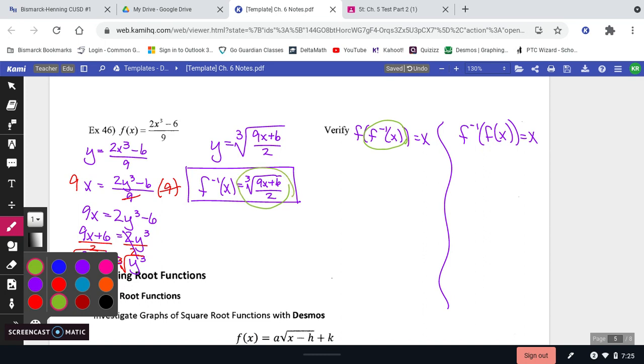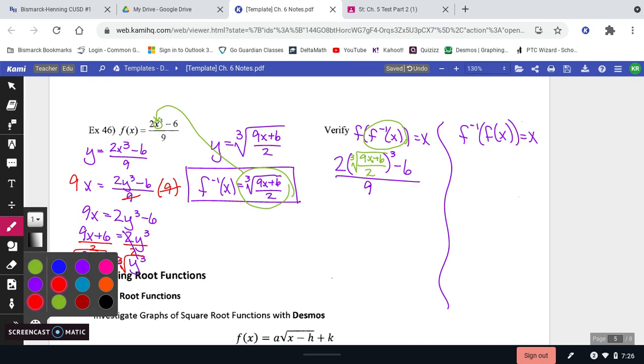So here's my inverse, and it's going to substitute in for that x. So this is going to be 2 times something cubed minus 6 all over 9. Okay, so what goes in that variable? My inverse does. So this is going to be the cube root of (9x plus 6) all over 2.